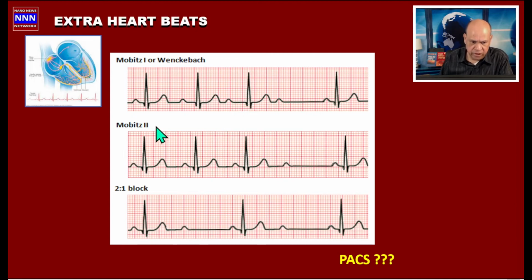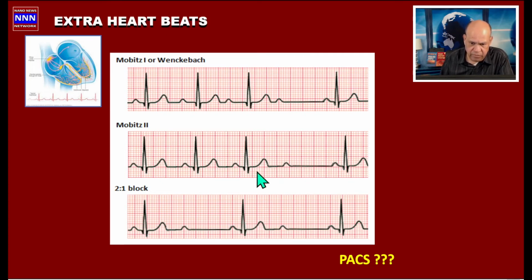What more, it could be an advanced heart block, like here we have a normal beat, normal beat, normal beat, P wave dropped, and a normal beat. But if you see more than 2 P waves blocked, then you may be dealing with a high-grade AV block.